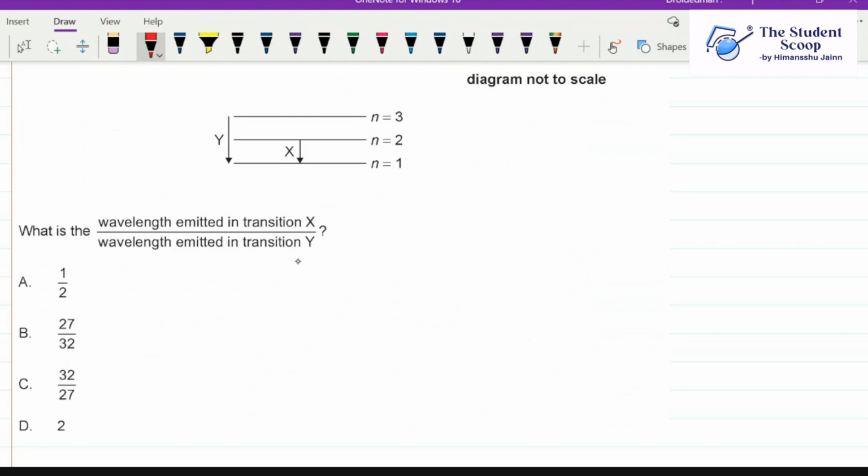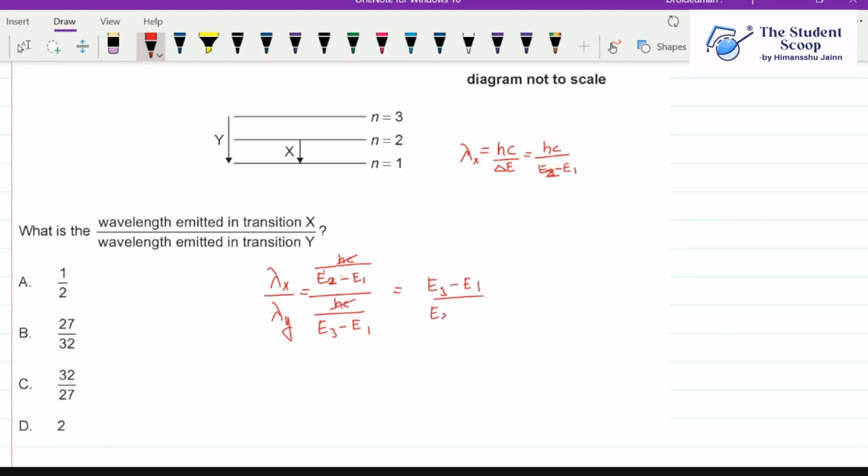So we know that wavelength of X upon wavelength of Y. Now, wavelength is related to the difference in energy by this relationship, hc by the energy difference, and in this case the energy difference is E3 minus E1 for X. Similarly for Y it is E2 minus E1. Now if we cancel out the common terms, we will get E3 minus E1 upon E2 minus E1.